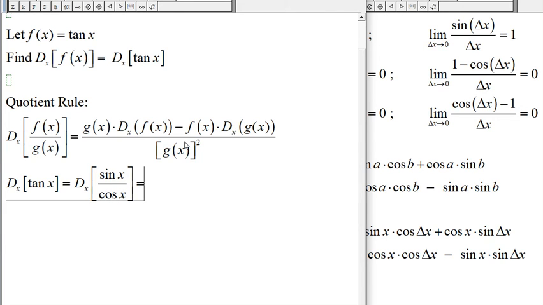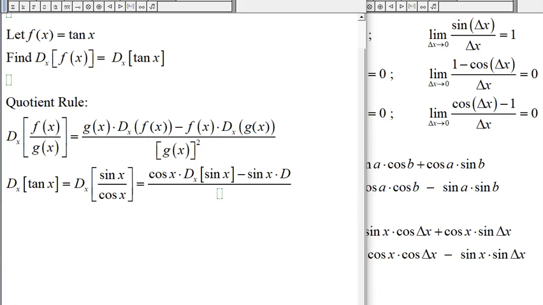And we're just going to use this formula right here. So we have cosine of x times the derivative of sine of x, and then minus sine of x times the derivative of cosine of x, and then divided by cosine of x squared.